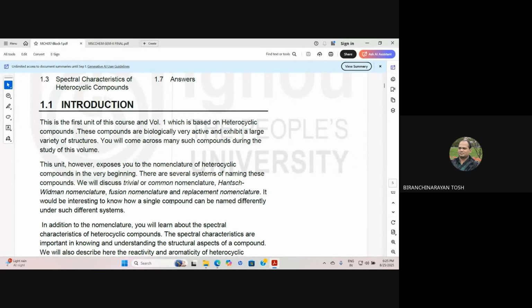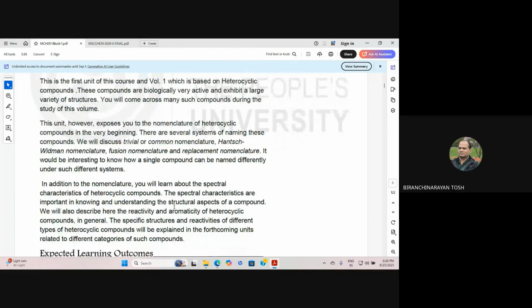As in the case of simple organic compounds other than heterocyclic, we have a common name or trivial name, and we have the IUPAC system for nomenclature. These two types of nomenclature are there. But here we have four types, and all four are recommended by IUPAC. So any one we can take to name the heterocyclic compounds.